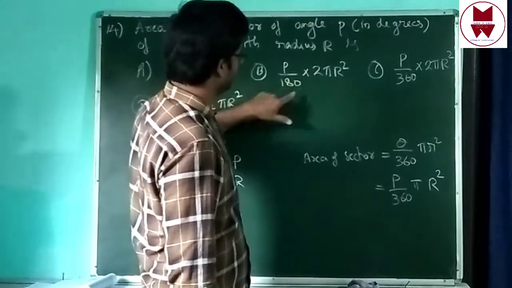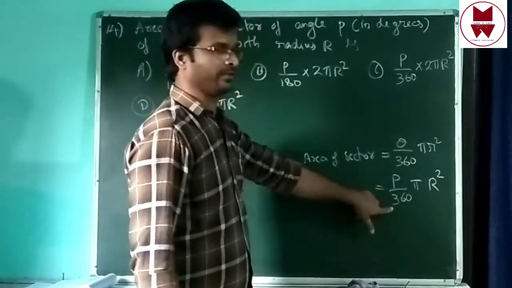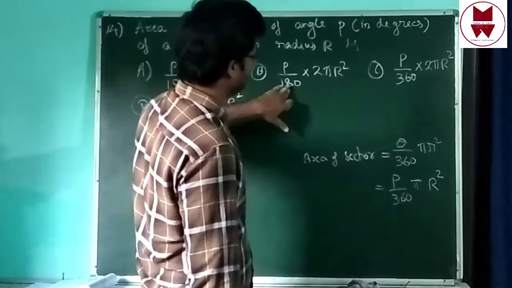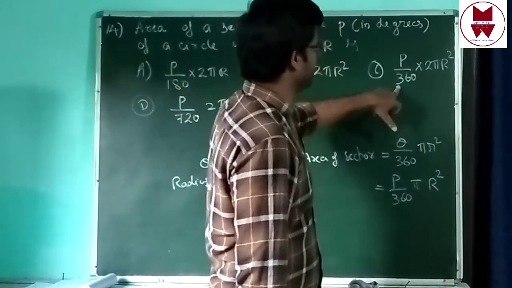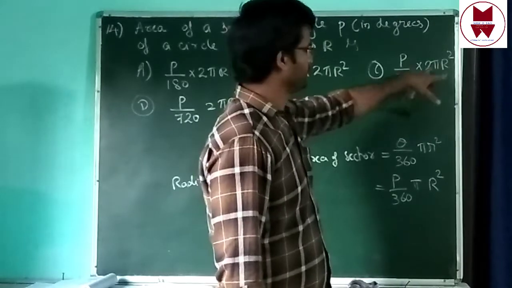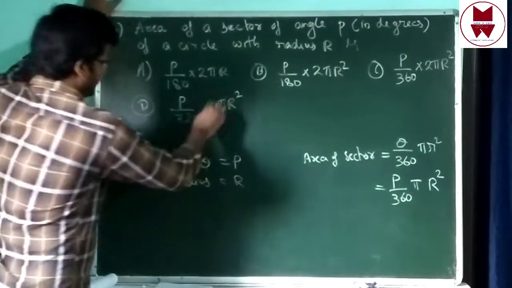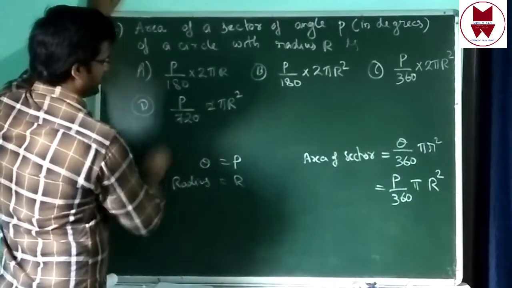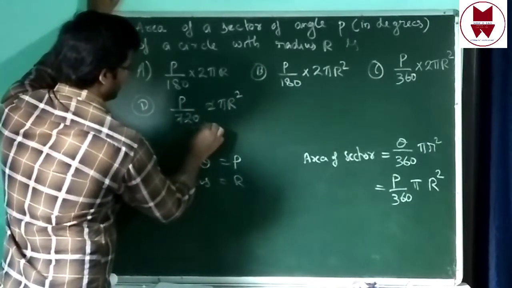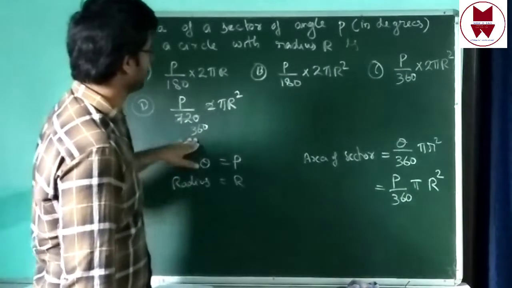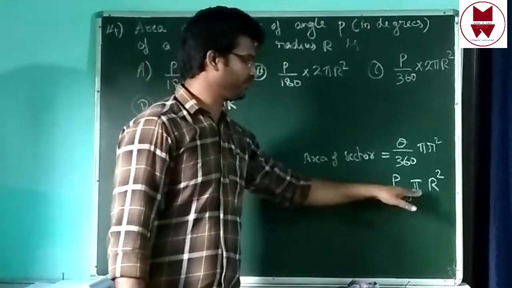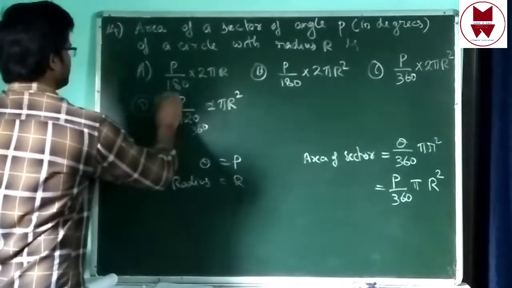Then here this is 180, we need 360, so you will not get it. In C, 360 is there, but 2 is also extra, so not C. Then remaining D. This 2 and 720, just cut it, you will get 360. P divided by 360 pi r square. That means our answer is D.